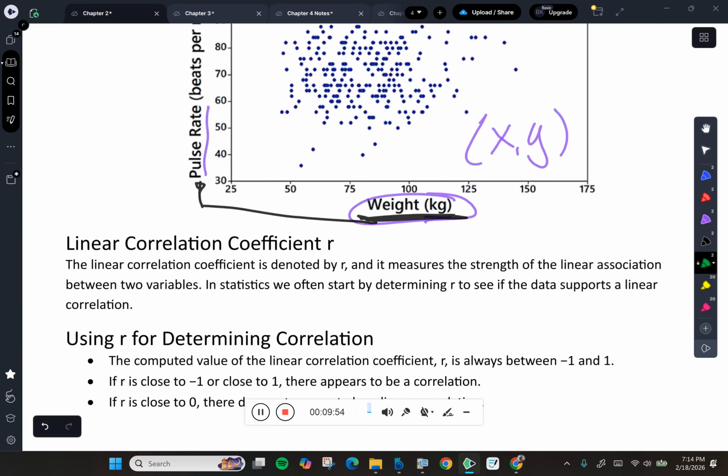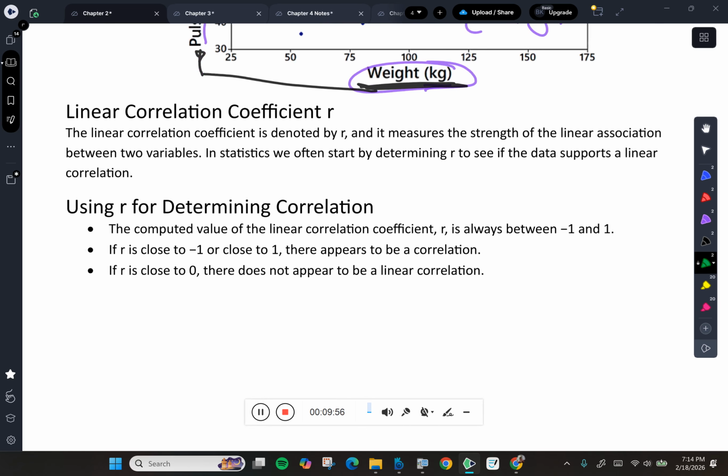Right? Now, when we talk about linear correlation, we're going to talk about this idea of a linear correlation coefficient, R. That correlation coefficient, which we call R, measures the strength of the linear association between the two variables.